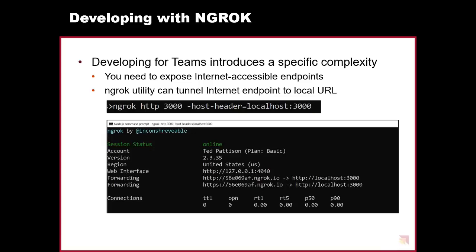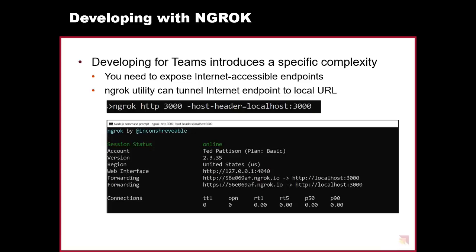So Microsoft Teams can basically make a web service call or retrieve HTML from your endpoint. And so what we often want to do is development where, in Visual Studio or Visual Studio Code, I start a debugging session, but my endpoints are then only available through a local endpoint.